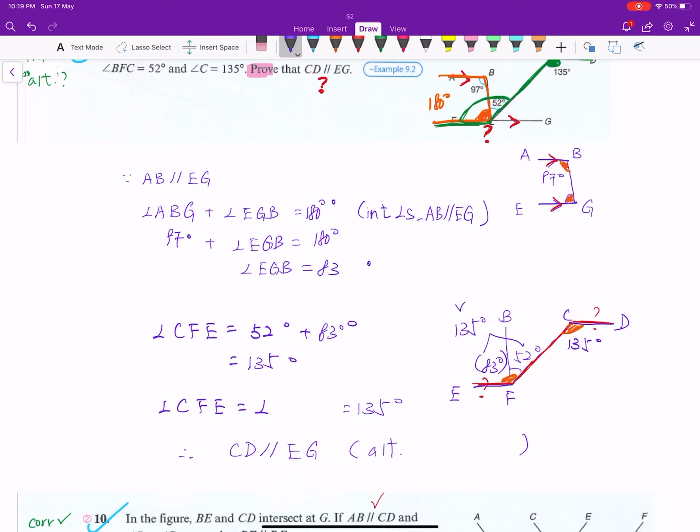Now you can see these two angles are equal. They are both equal to 135. Okay, so we can say that these two angles, CFE and angle DCF, both equal 135. So we can say that these alternate angles are equal. Okay, so CD is parallel to EF.